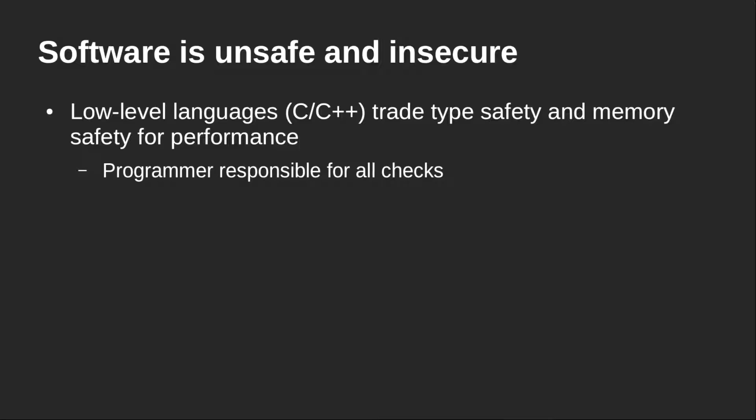Low-level languages like C and C++ trade all the type safety and memory safety for a so-called potential of performance. They don't necessarily give you the performance, but they allow you to maybe get the performance, but you lose all the type safety and memory safety that you would get otherwise from safer languages.